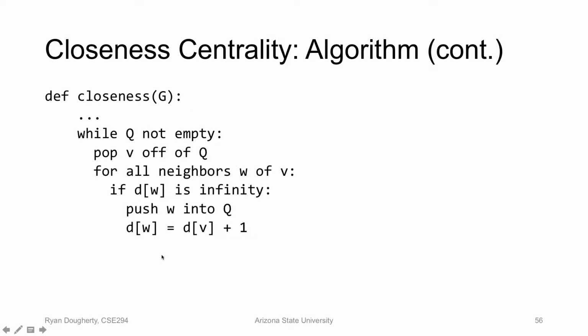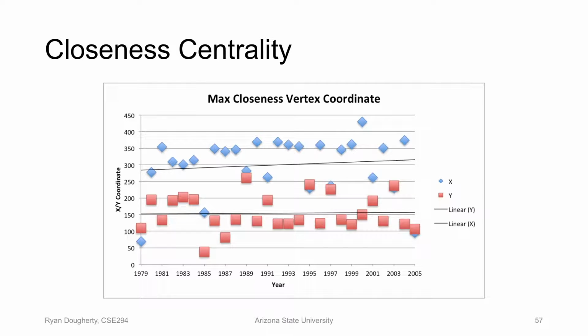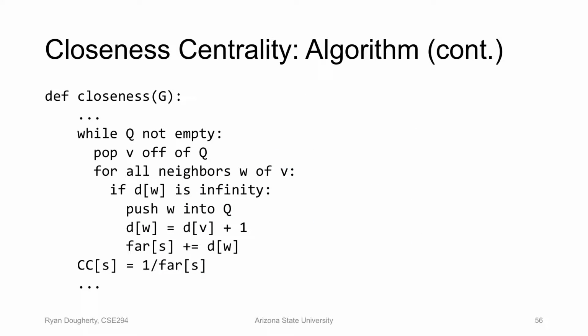Instead of maintaining color for every vertex, we determined that a vertex we've never seen before has distance infinity. All right, so any questions on how closeness works?